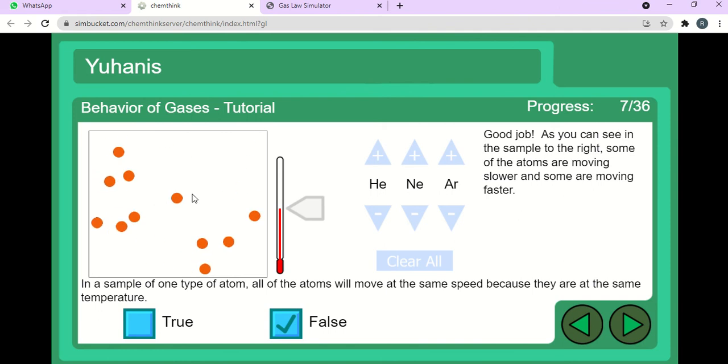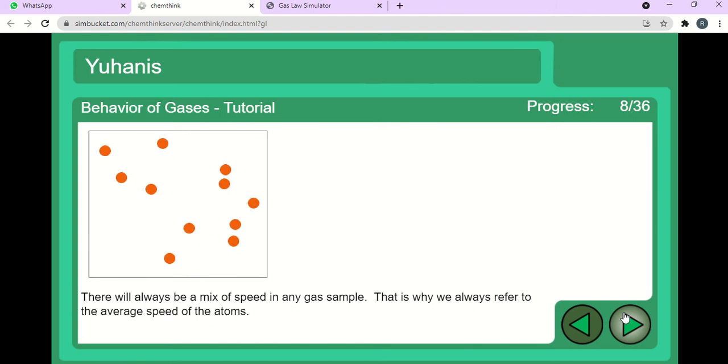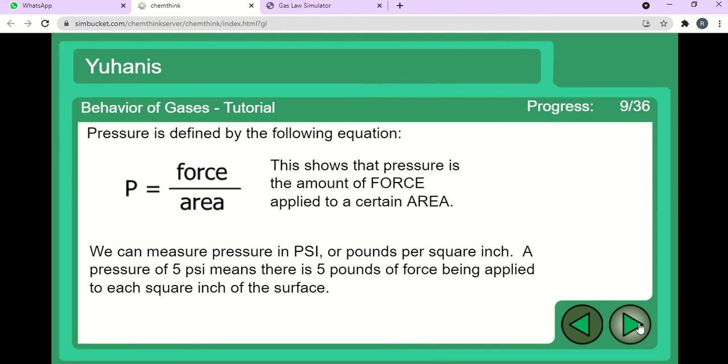Some move more slowly, some faster, even though they are the same type. There will always be a mix of speeds in any gas sample. That is why we always refer to the average speed of the atoms. Because we have an average. Some are slower, some are faster, so we must take the average.